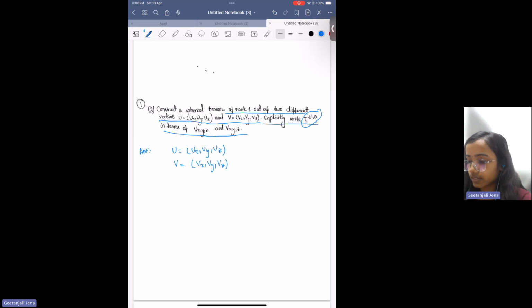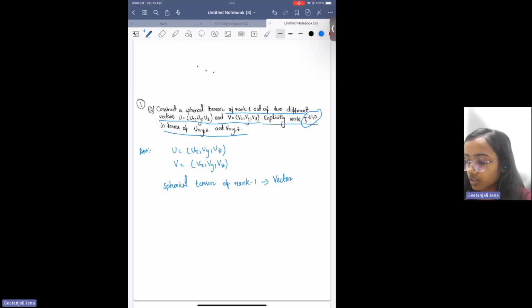So you have two vectors, and it is asking to construct a spherical tensor of rank 1. So what will be the expression for a spherical tensor of rank 1? You know that scalars are spherical tensors of rank 0 and vectors are spherical tensors of rank 1. So the question is asking to construct a vector in terms of the spherical tensor components.